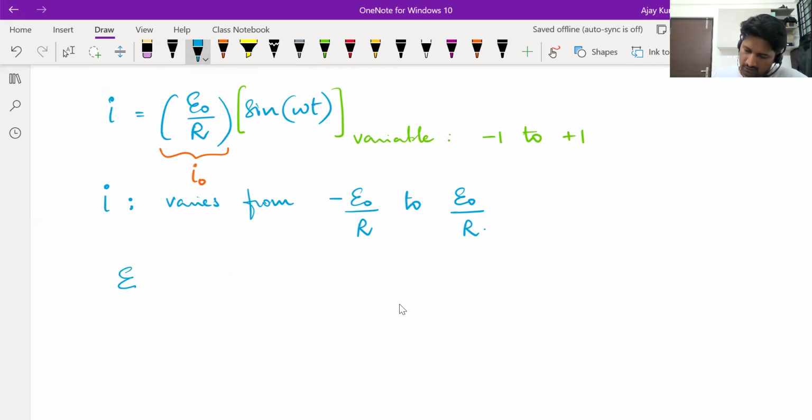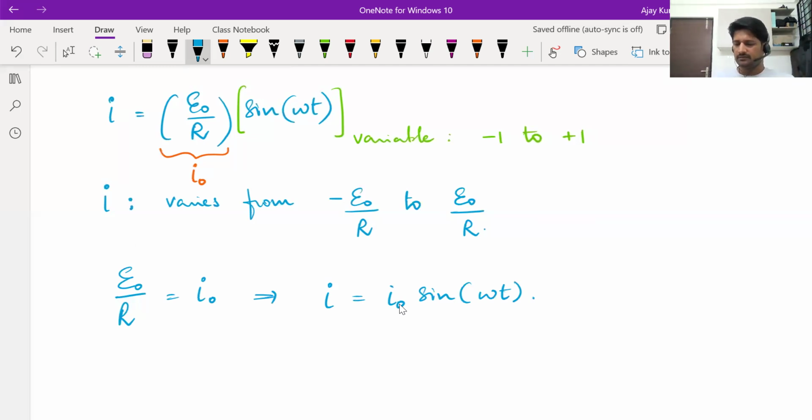If you write E naught by R as I naught, then the current can be expressed as I naught sine omega t, where I naught is E naught by R.